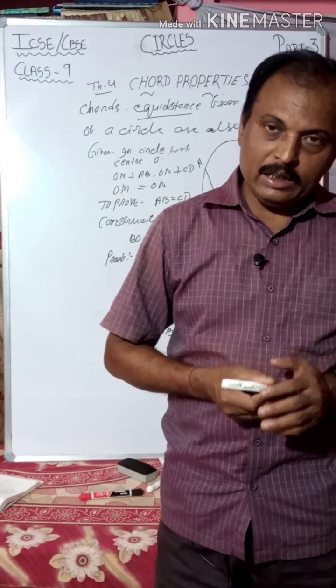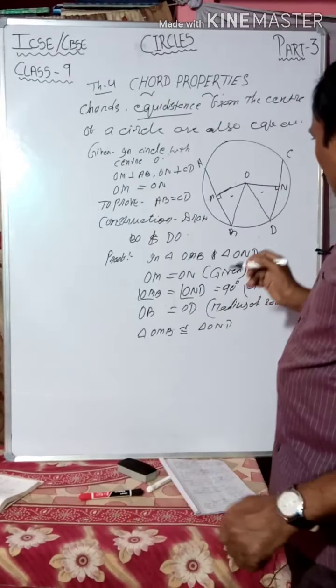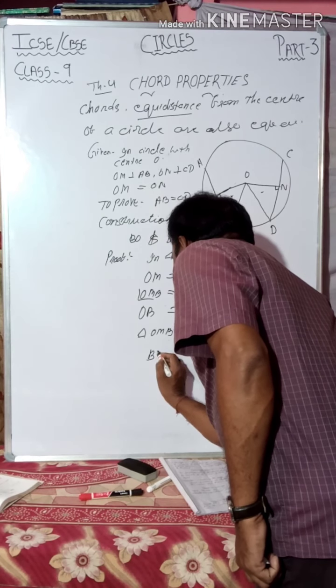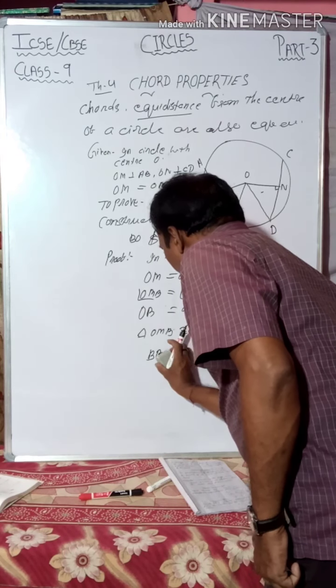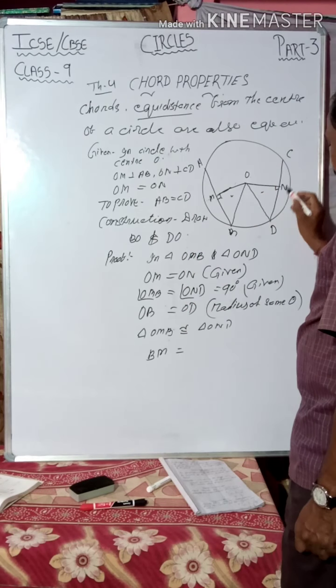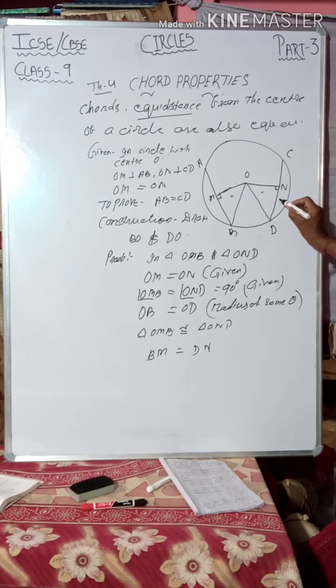So in congruent triangles, the rest components are equal according to CPCT. So BM is equal to DN. If ON is perpendicular to CD, we know the line drawn perpendicular to the chord bisects the chord.